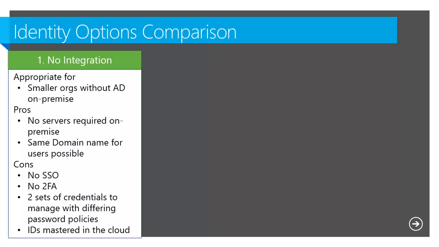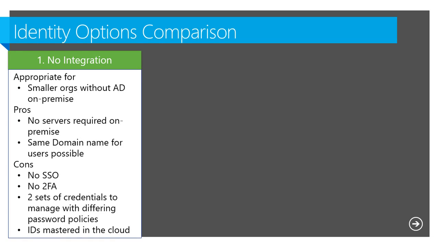Okay, so to break things down, let's give you an analysis of what your identity options are. First, no integration. This is probably good only for smaller organizations. You may not have Active Directory on premise, and you just want something quick and easy to get people running.